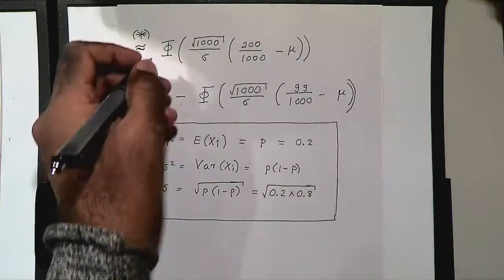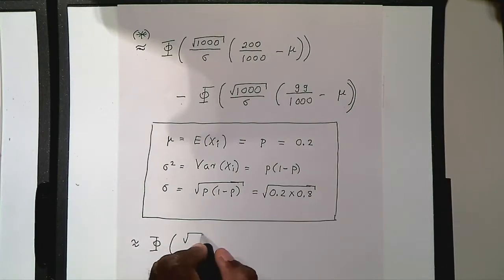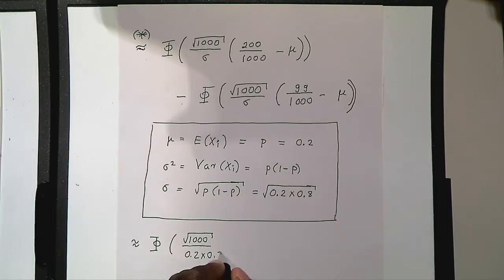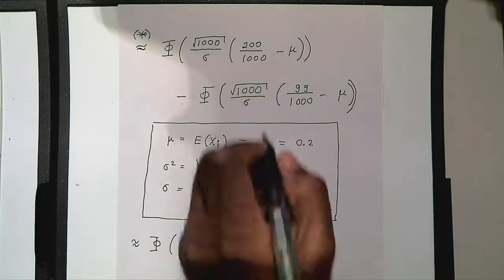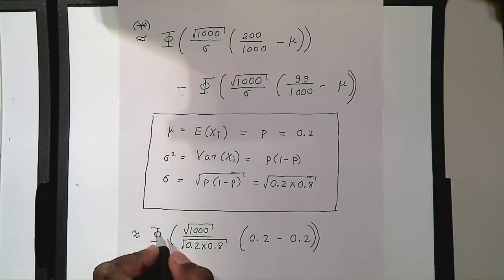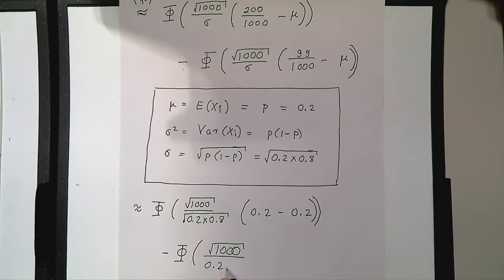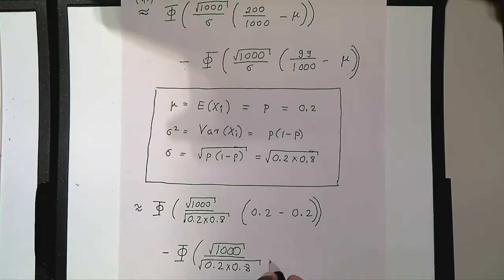So going back to this line, this becomes phi divided by sigma, which is 0.2 minus 0.2, which is 0, minus phi divided by the square root of 0.2 times 0.8. 99 divided by 1000 is 0.099, and 0.2.